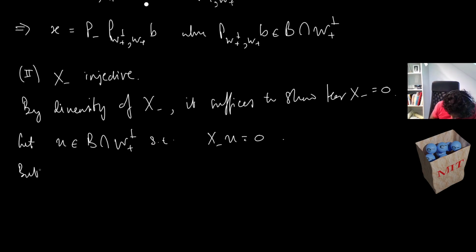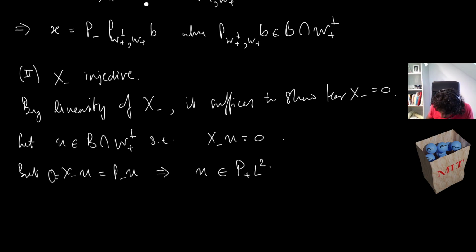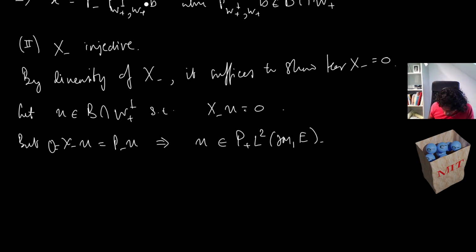But X minus of U is equal to P minus of U. So 0 is equal to X minus of U is equal to P minus of U. Which implies that U is in P plus L2 of partial M E. Okay, so that's the conclusion that we want, but U is also in B intersect W plus perp. So now we have that U is in P plus L2 partial M E intersect B intersect W plus perp.